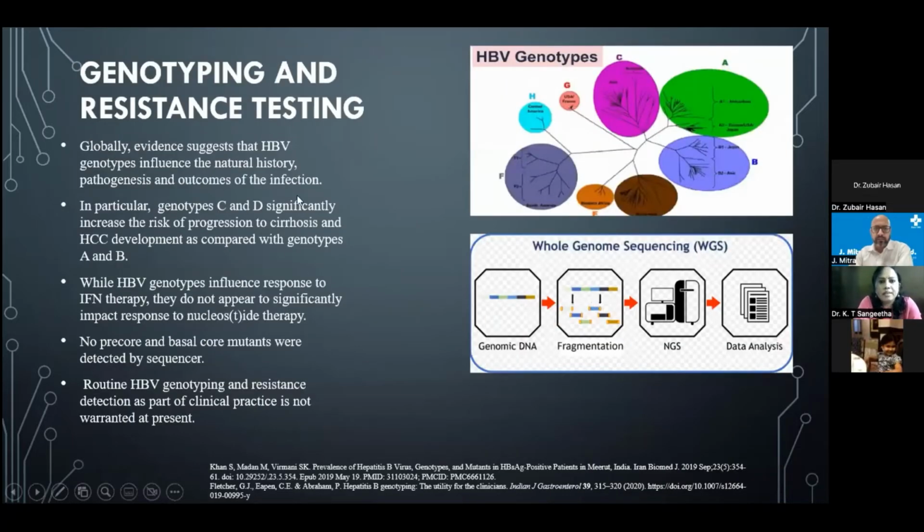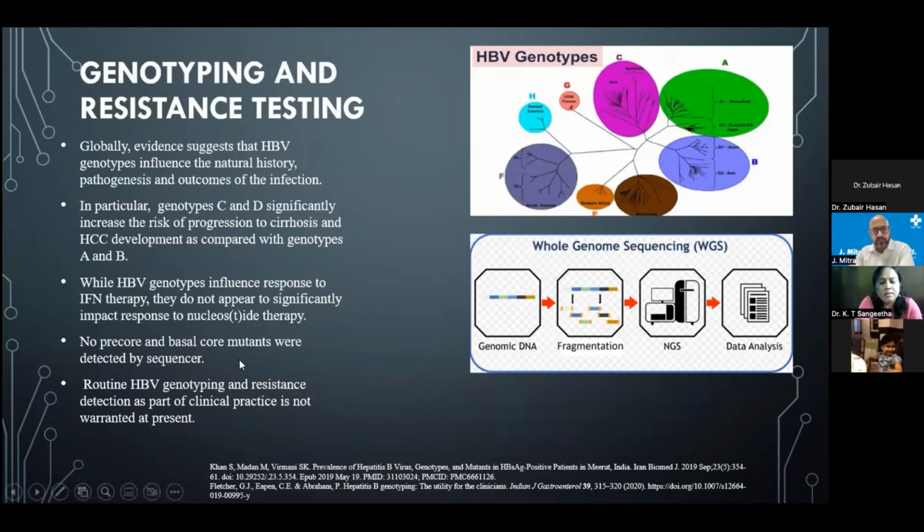Now, coming to the latest technology, that is genotyping and resistance testing. Globally, there is evidence that suggests that HBV genotypes influence the natural history, pathogenesis, and outcomes of the infection. There are altogether 10 genotypes in hepatitis B. Genotypes C and D significantly increase the risk of progression to cirrhosis and hepatocellular carcinoma as compared with genotypes A and B. While HBV genotypes influence response to interferon therapy, they do not appear to significantly impact response to nucleoside therapy.